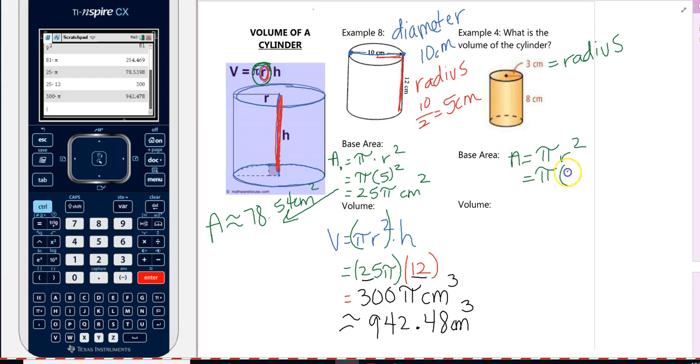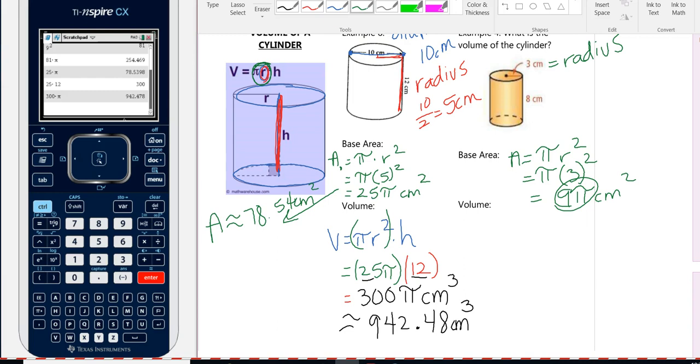Pi times our radius, which was 3, squared. So therefore we have 9 pi centimeters squared. If we want to round this, actually I'm going to keep it the same because I'm going to substitute that 9 pi into our volume formula anyway. So for me right now there's no need to write that decimal form.